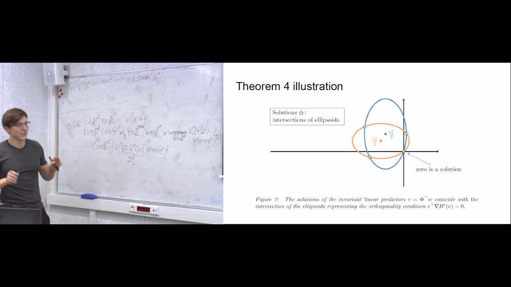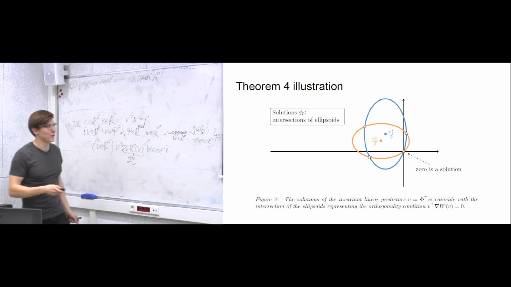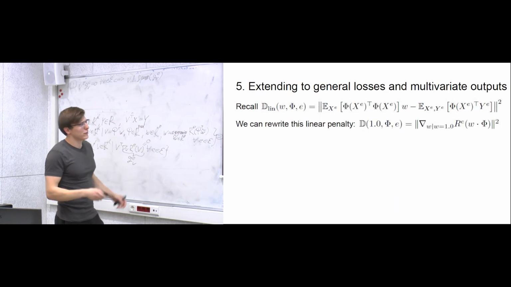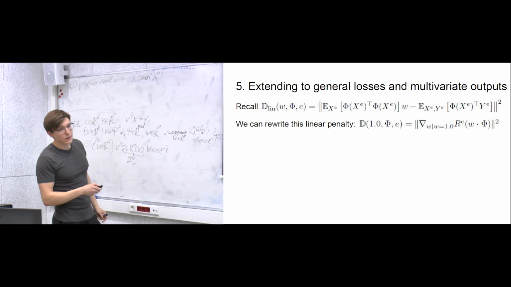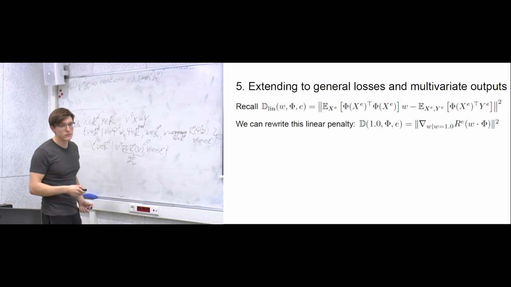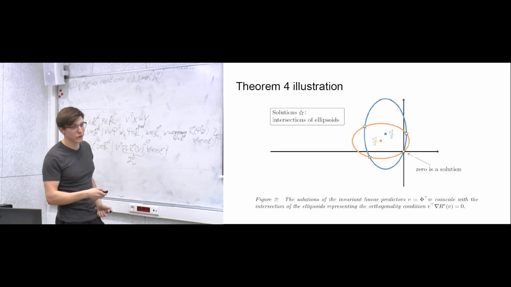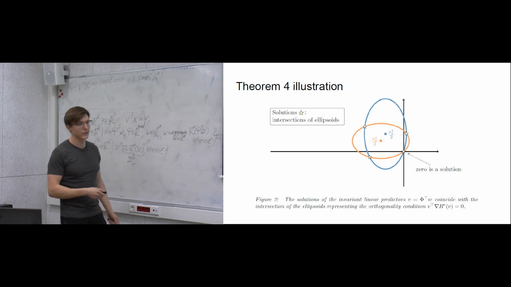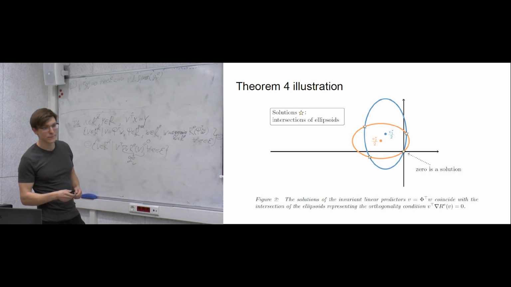But in this work we assume linearity of our classifier. Why is 0 a solution? Because 0 is orthogonal to any vector.